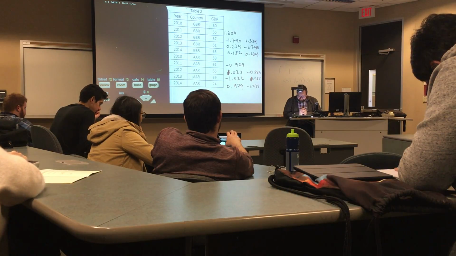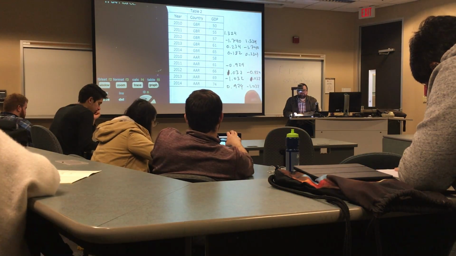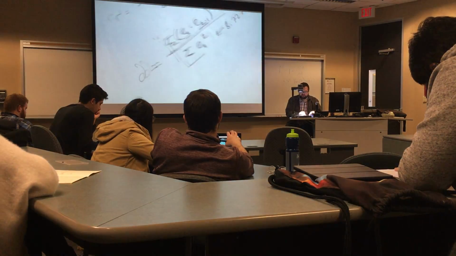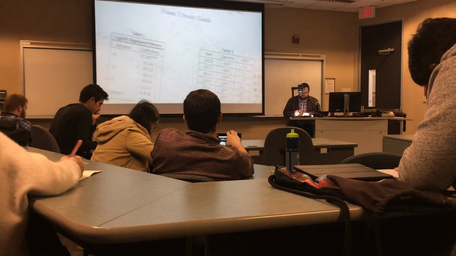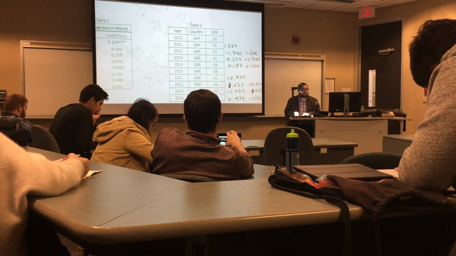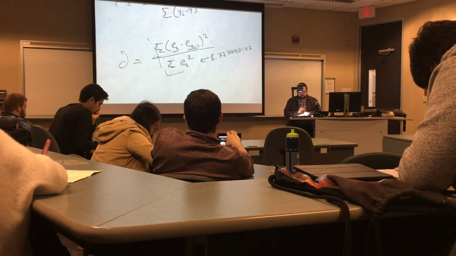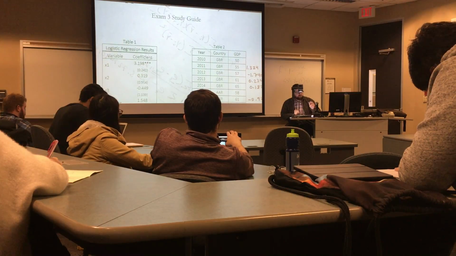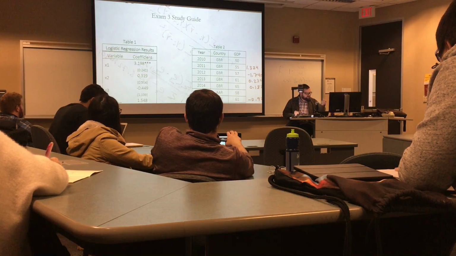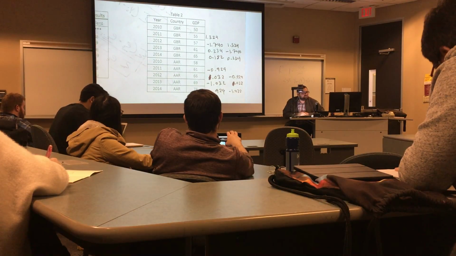Alright, so now it's these 6 rows that we're going to use to calculate the numerator of the Durbin Watson. The denominator will use the whole 8 values that we have. So now I will turn to the calculator, but I will point out that there is no shame in just doing it by hand.